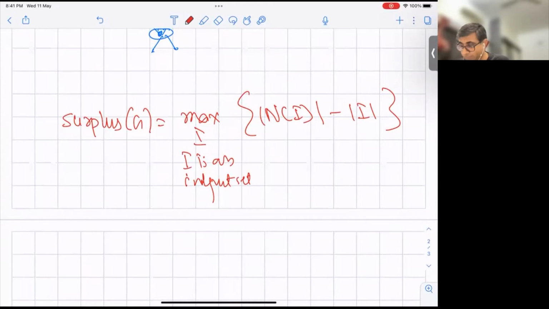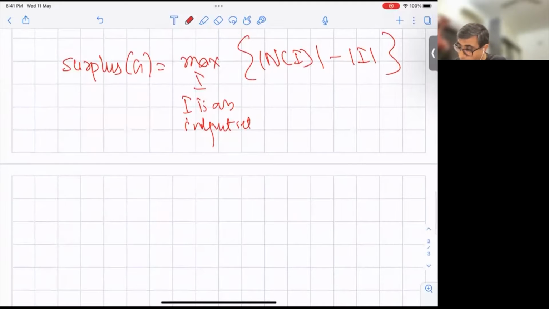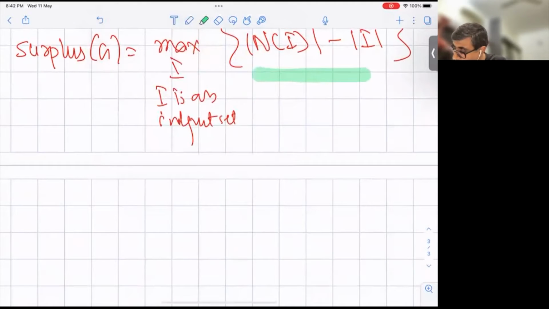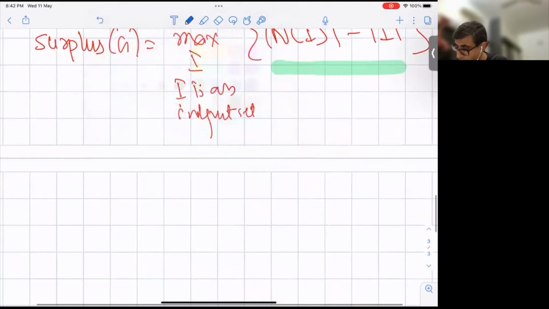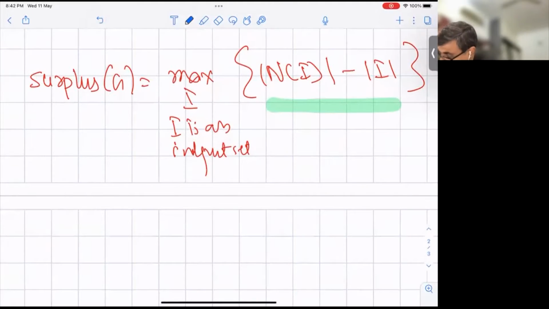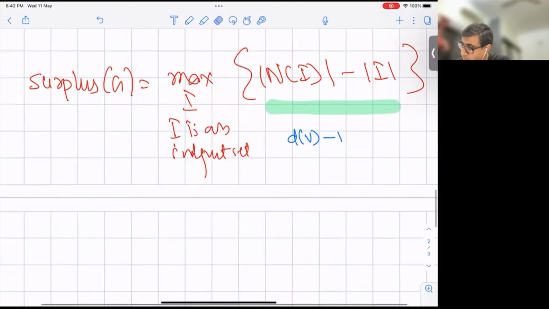Notice that it also includes one quantity: for any vertex v, look at its degree. A single vertex is an independent set. So this object, the surplus of G, is at least how much?